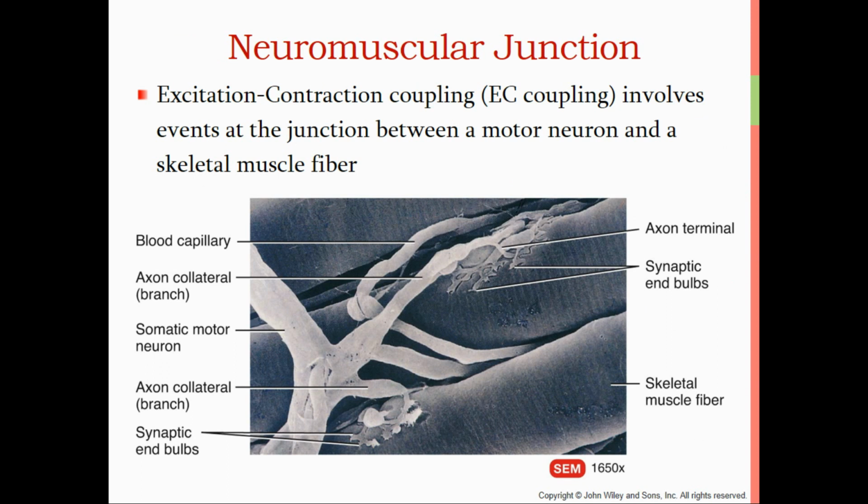Excitation contraction coupling, or EC coupling, involves events in the junction between a motor neuron and a skeletal muscle fiber. So we are looking at a picture through a scanning electron microscope that, as you can see, has been magnified 1,650 times.